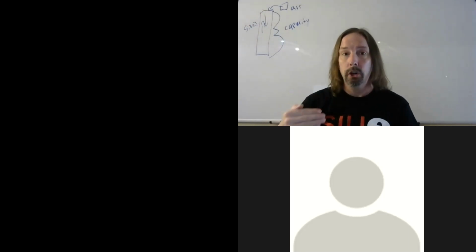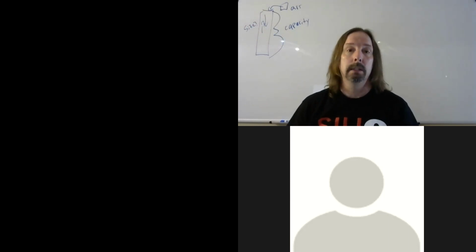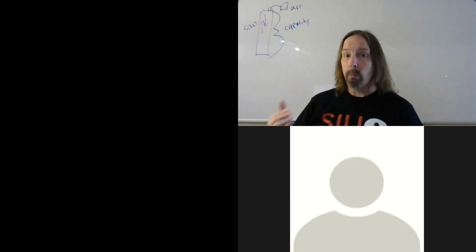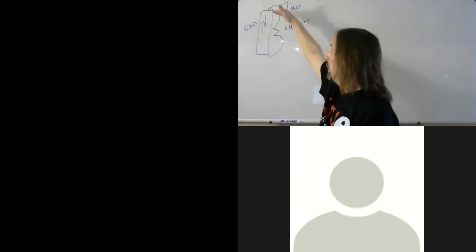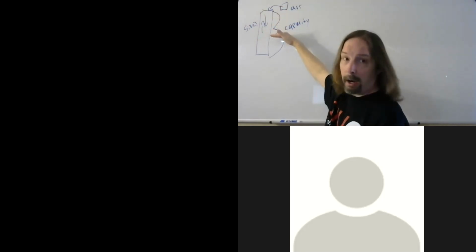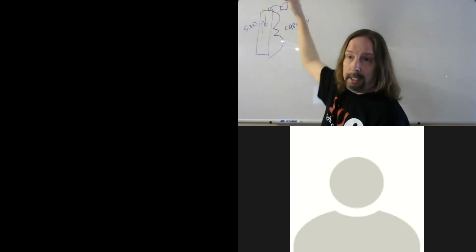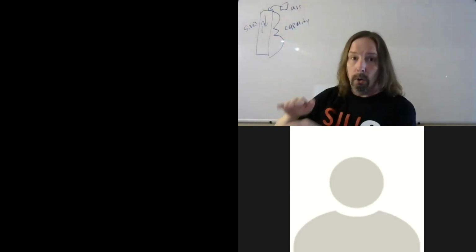Every time we insert, we will increment size. Every time we remove, we will decrement size. And that's how array lists work. Fundamentally, you increase from the top and you decrease, right, in size as you go.